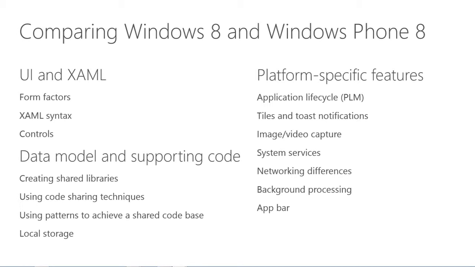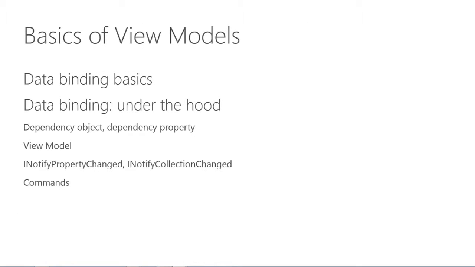And data is probably one of the easiest things that you can reuse across both Windows Phone and Windows 8, and so we'll talk about some of those things. And then finally, we'll get into some of the platform-specific features that are across both platforms, and that at first glance you would think would be portable or reusable, but when you get into it, maybe is a little bit more difficult. We'll talk about all of those things later on.